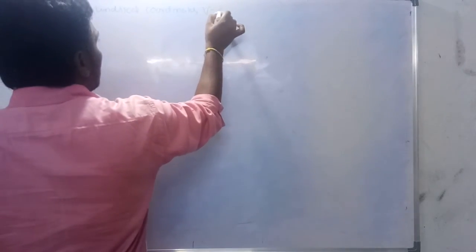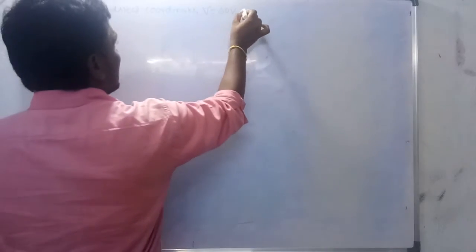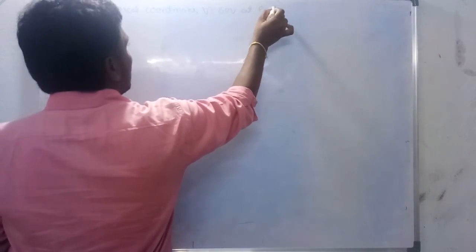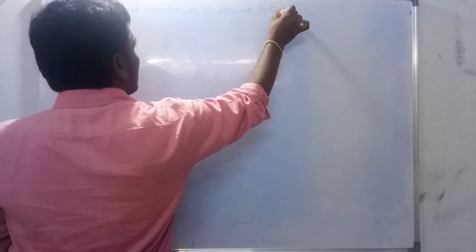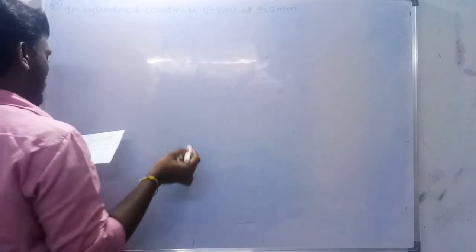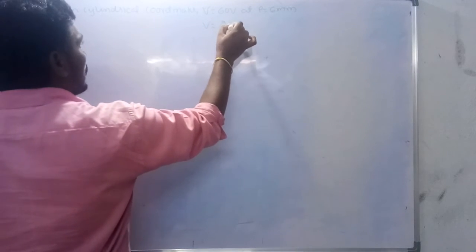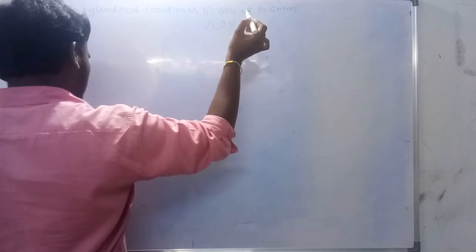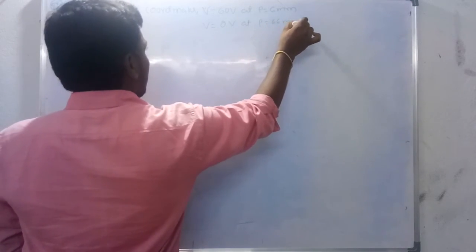Potential V is equal to 60 volts at rho is equal to 6 mm, and V is equal to 0 volts at rho is equal to 66 mm.